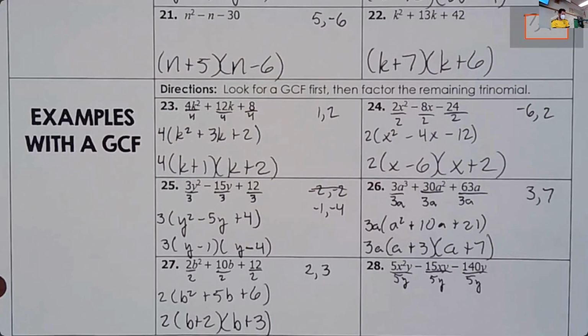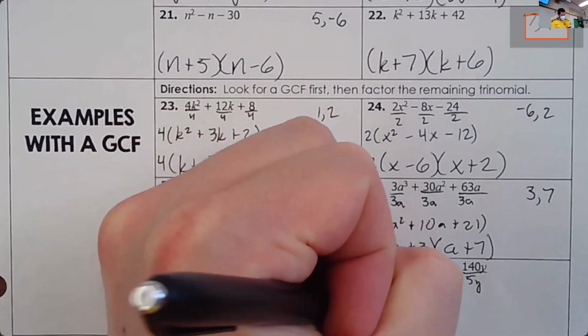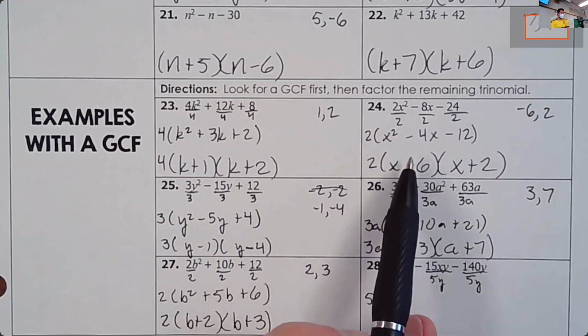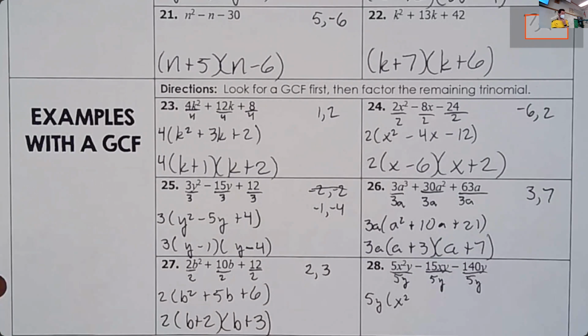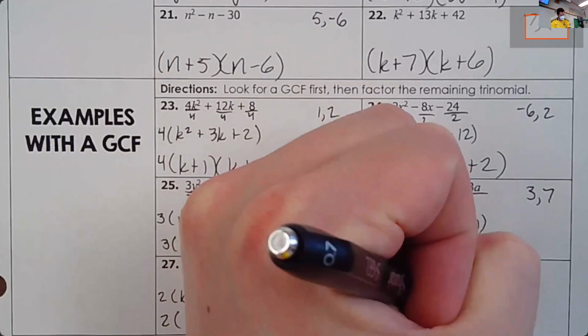All right, now that will leave us, so 5y times, that'll be x squared. And remember, the trinomials we're factoring today always start with just the variable squared. So if there is a number in front of our variable squared today, you will be able to factor that number out. And then minus looks like 3x.